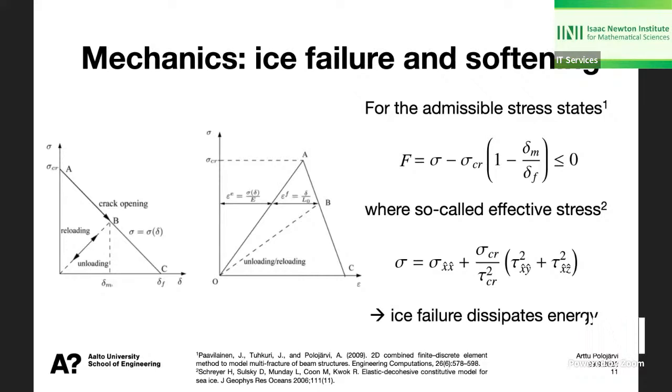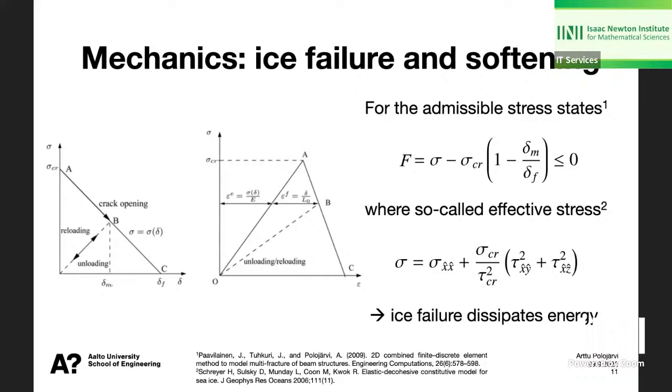If this were a fully elastic failure, then what comes out of that is that your ice sheet is basically going to shatter. It's going to just go into small pieces. And that's something that we learned the hard way in the past. So you need to have some sort of cohesive softening in the model. And as Jukka showed on Monday in his presentation, that is actually what you see in nature as well.